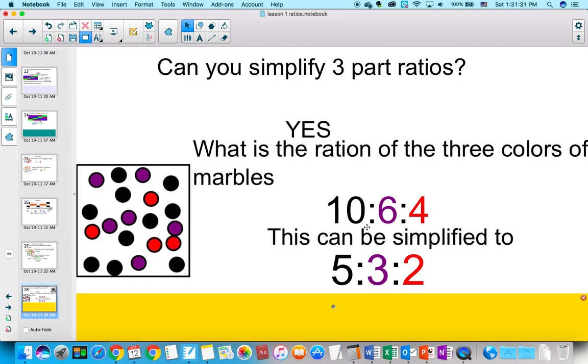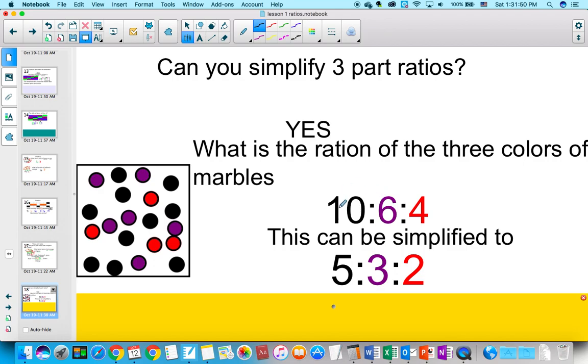How did I do this? Well, those of you who know how to simplify fractions would notice that I divided the 10, the 6, and the 4 by the same number. If you're simplifying fractions, ratios, whatever, you need to simplify by the same number.